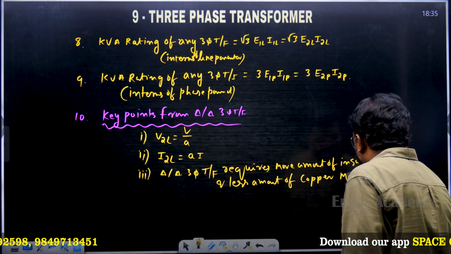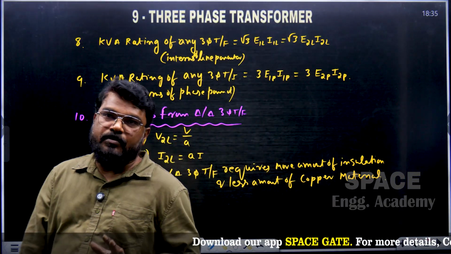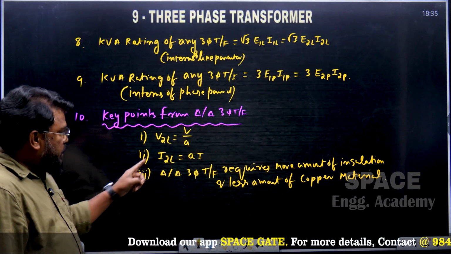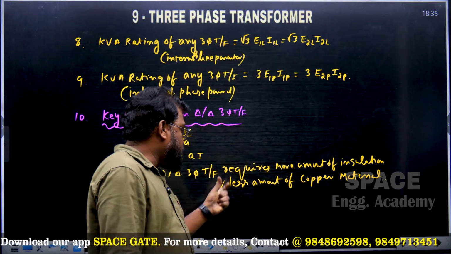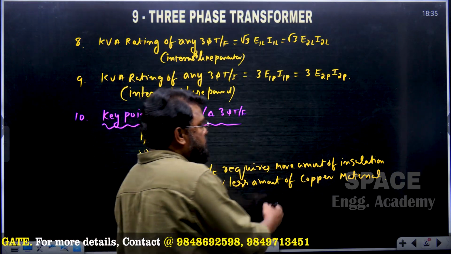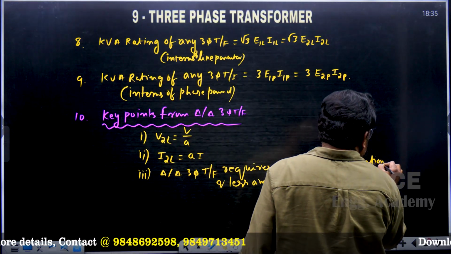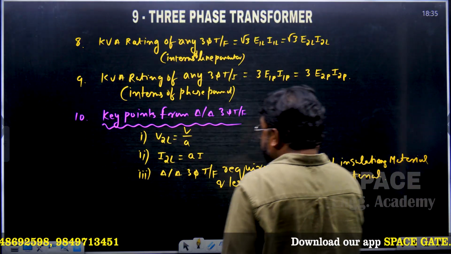So the delta three-phase transformer requires more amount of insulating material and less amount of copper material to design.